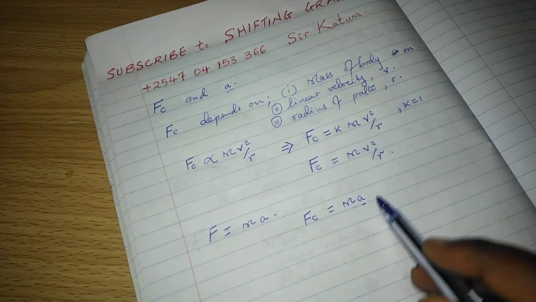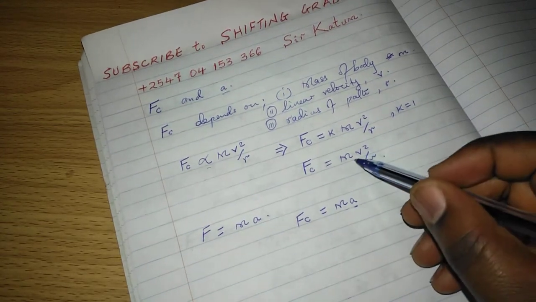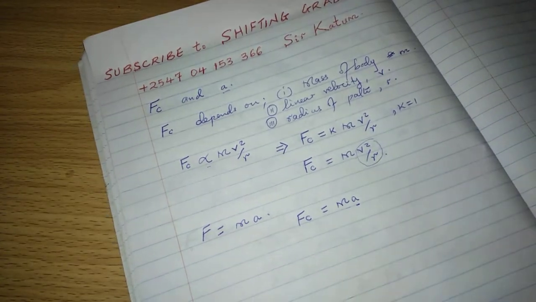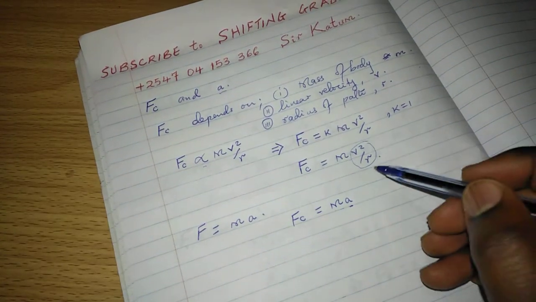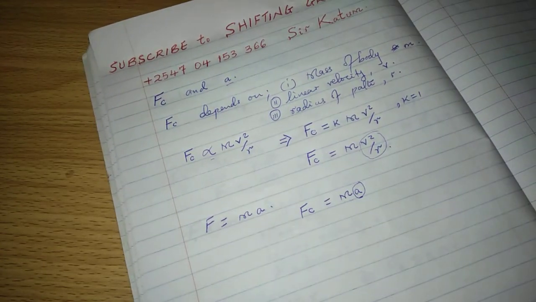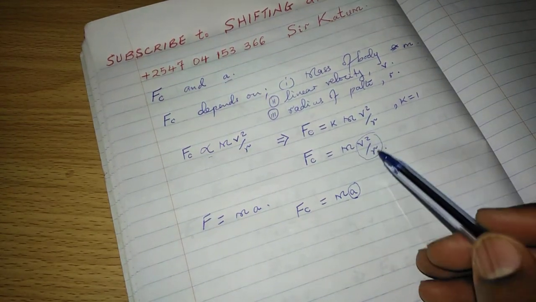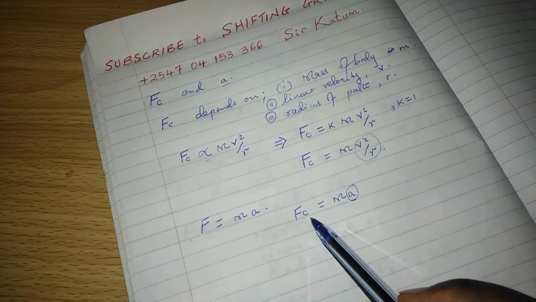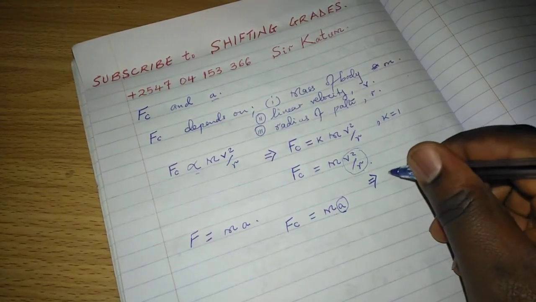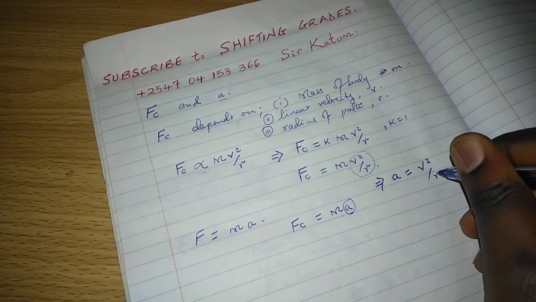And according to this equation and the other one which gives us centripetal force, since we have mass and another factor, v squared over r, that term will be equal to the centripetal acceleration. We have centripetal force given by mass times v squared over r, and on the other side every force is given by mass times acceleration. So we can conclude that the centripetal acceleration is given by v squared over r.